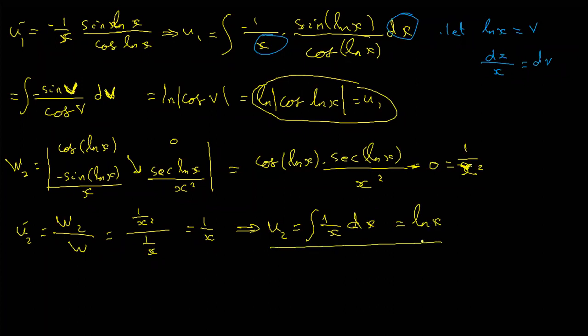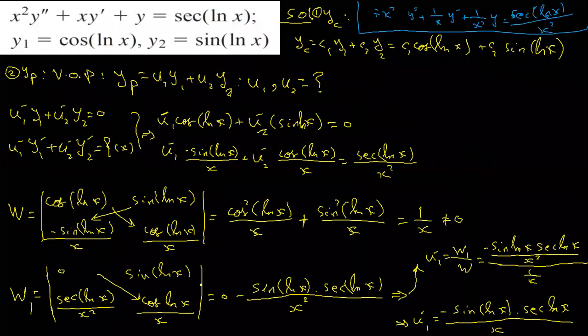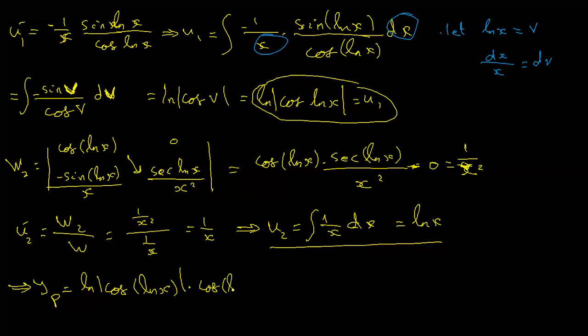This is my u2. So yp is my u1, which is ln cosine ln x, times y1, which is cosine ln x, plus your u2, which is ln x, times y2, which is sine ln x.